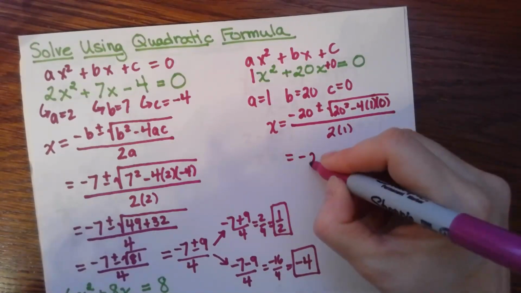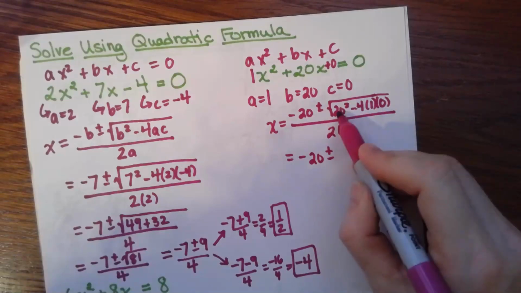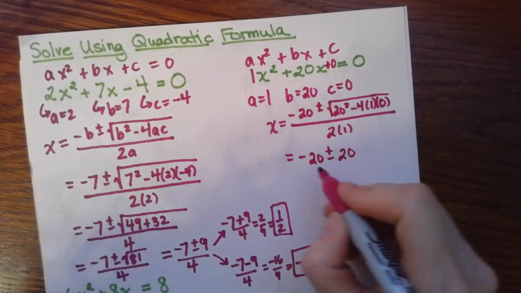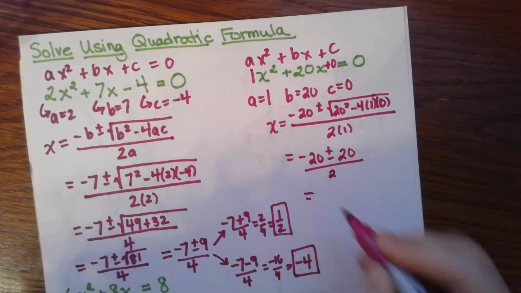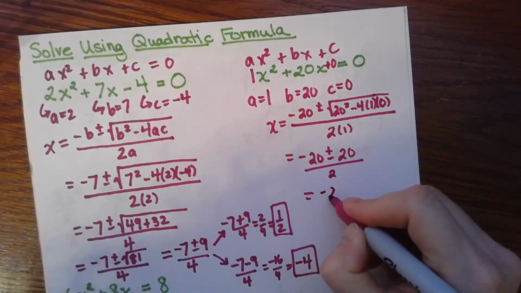So we're going to get negative 20 plus or minus, well, this is just 0, and the square root of 20 squared is 20, over 2. So I would get negative 20 plus 20 over 2.